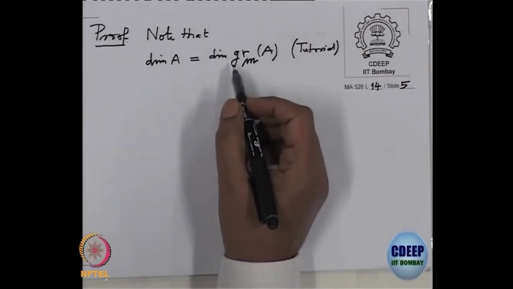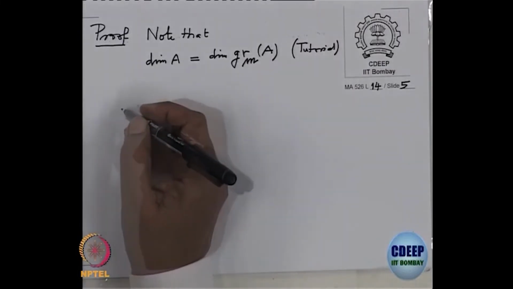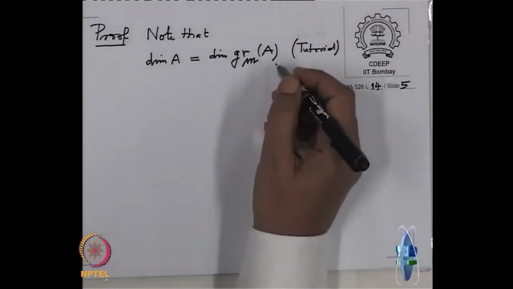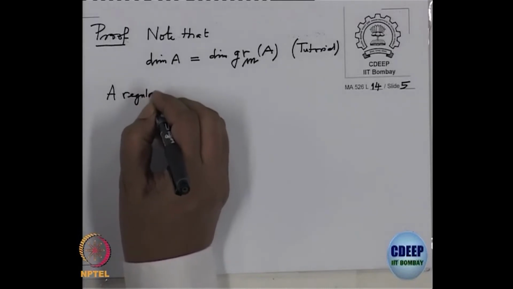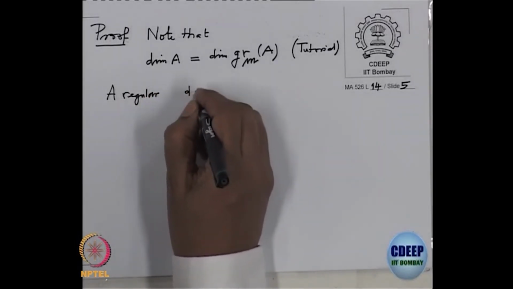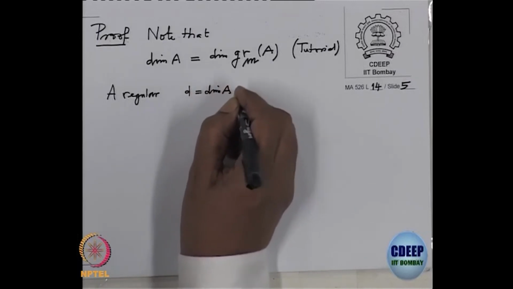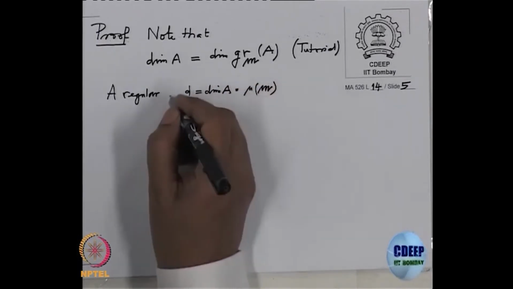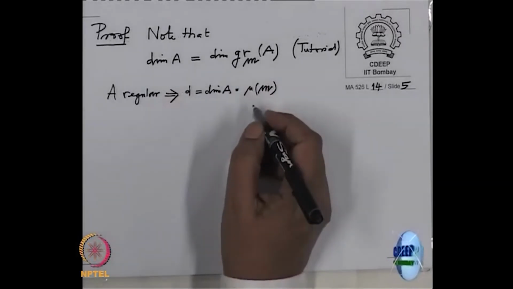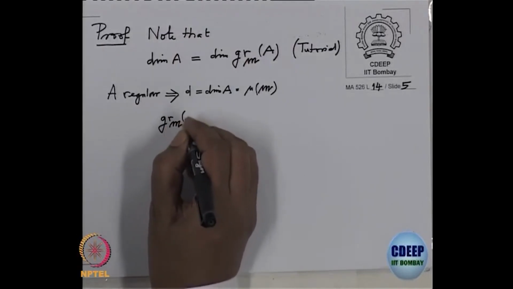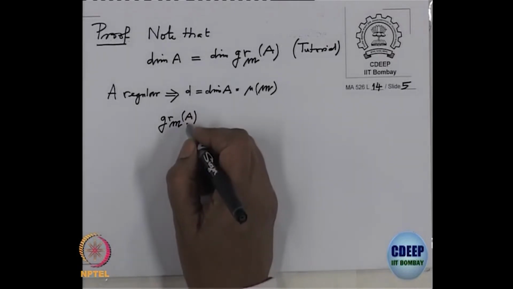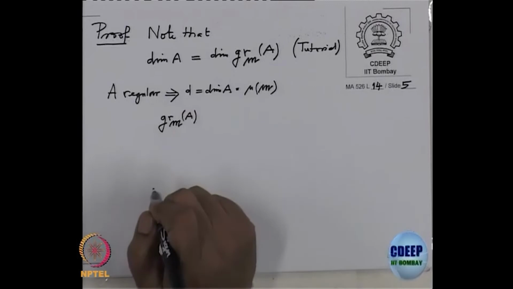Okay. So, once you note this, then this is easier, because we know that if A is regular, then the dimension of A is the minimal number of generators for M. That means gr_M(A), as an algebra over A/M, is generated by homogeneous elements of degree 1, and they are precisely D in number.